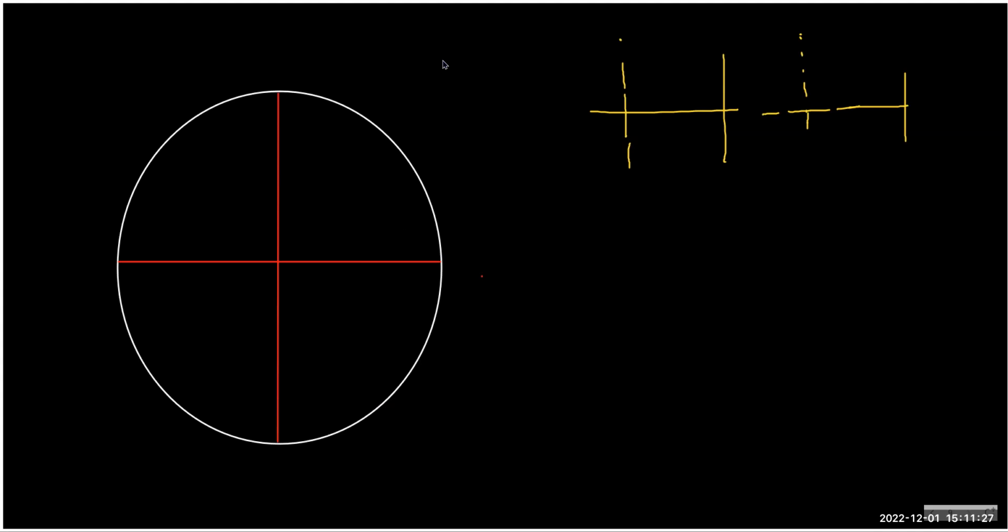So if we have two sources, and the light is reaching from there, so our screen is here.